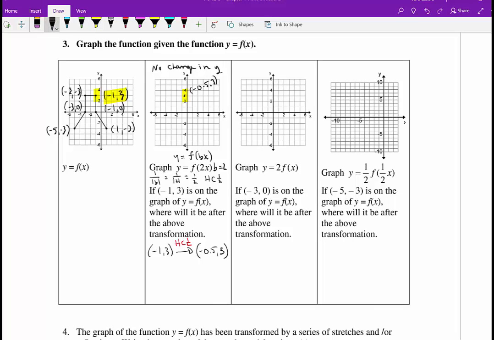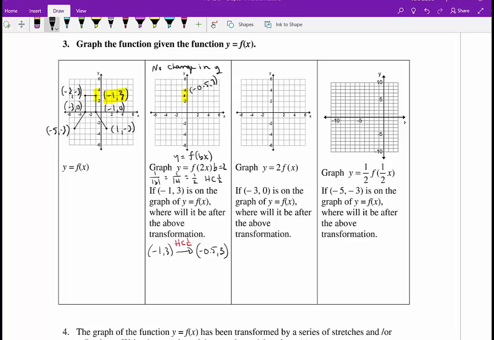Now notice it is a half a unit away from the y-axis, right? So horizontal stretches tell us the change in the distance away from the y-axis. On the first graph, our point is 1 unit away from the y-axis.